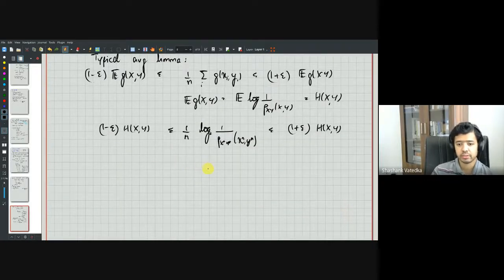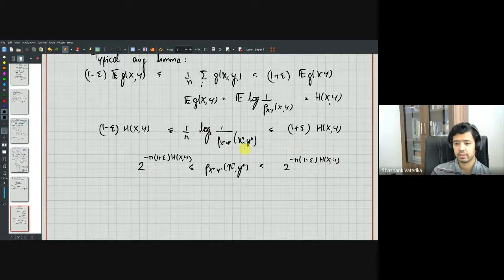Right? So if I just rearrange this, I'll get that for any pair of typical sequences x n y n, the probability of occurrence of this particular pair is at least 2 to the minus n times 1 plus epsilon times H of x y, and it is at most 2 to the minus n times 1 minus epsilon times H of x y, because this will give a lower bound on p of x n y n, whereas this will give an upper bound on p of x n y n.